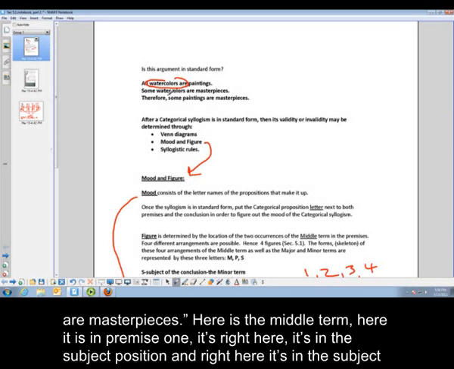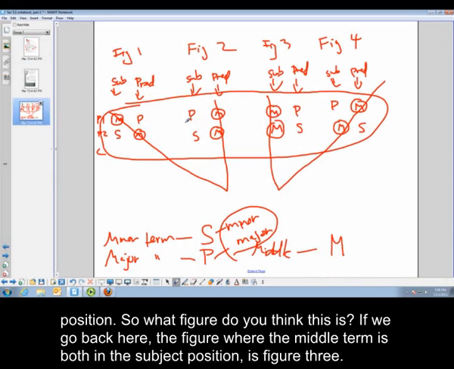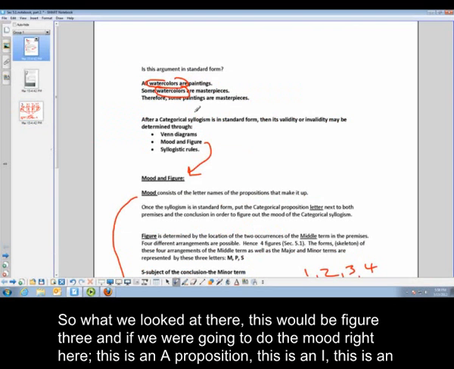It's in the subject position. And right here, it's in the subject position. So what figure do you think this is? If we go back here, the figure where the middle term is both in the subject position is figure 3. So that, what we looked at there, this would be figure 3.